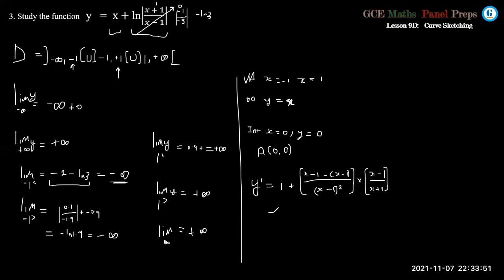So finally, for the given function I'm going to have 1 plus... Why is it divided by the core again? That is how we differentiate logarithmic functions: the derivative of the core divided by the core. Look at our past lessons, you will see it.